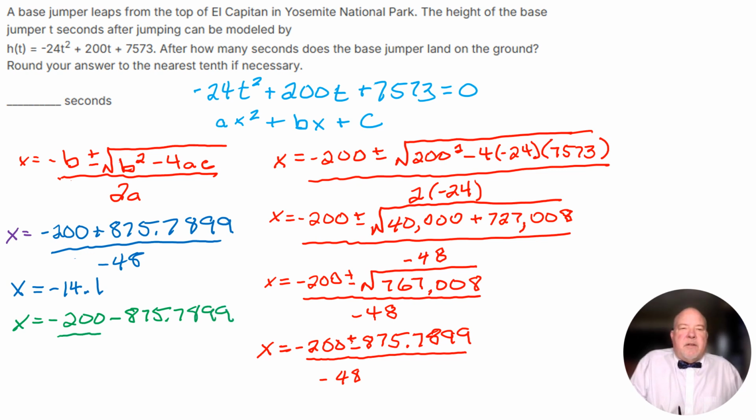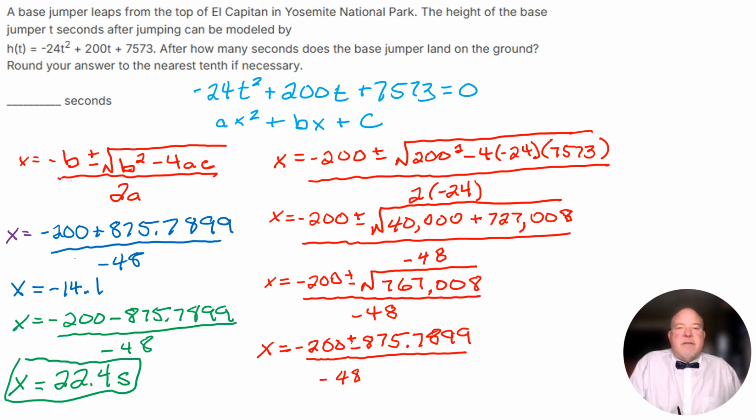And then that's all divided by negative 48. And so negative 200 minus the 875 divided by negative 48. And what I end up with, rounded to the nearest tenth, is 22.4 seconds. And that's going to be our answer.